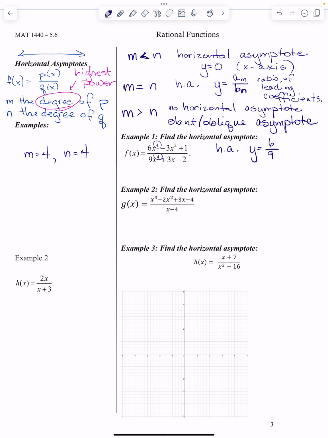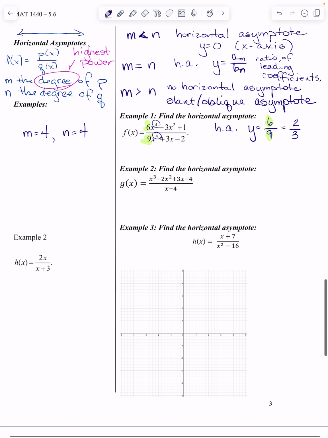It's the ratio of those leading coefficients, which of course we want to reduce if we can. Not going to worry about it.